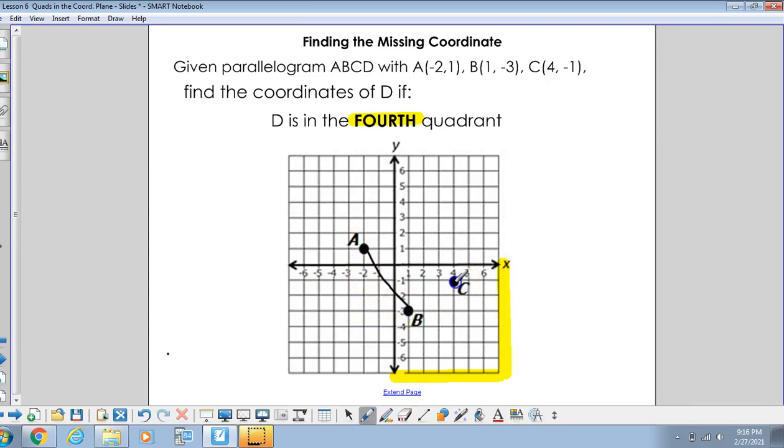We'll do the same thing here. Down 1, 2, 3, 4, and right 1, 2, 3. This gives us D over here. Oh my, my lines are not drawn very well there. You can always check to make sure that you have drawn those in correctly by checking all of your slopes. Our coordinates here would be (7, -5).